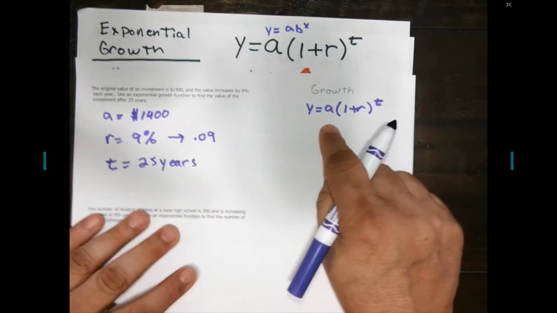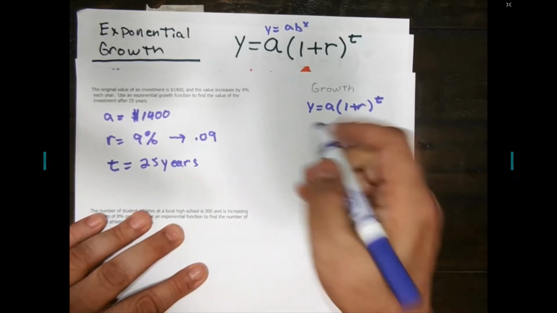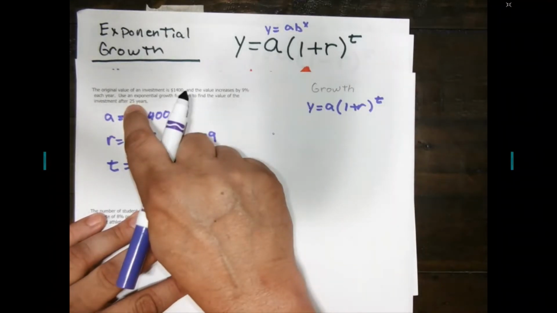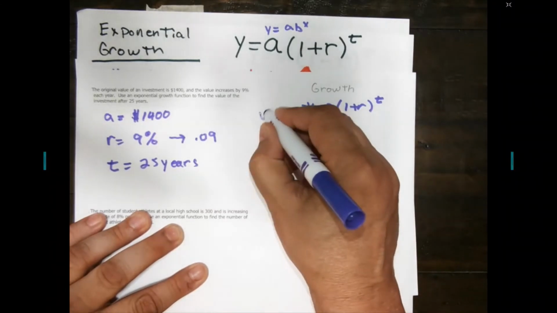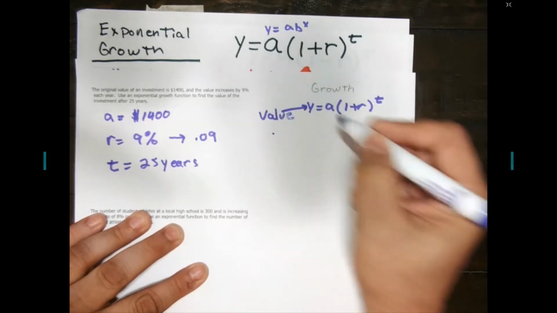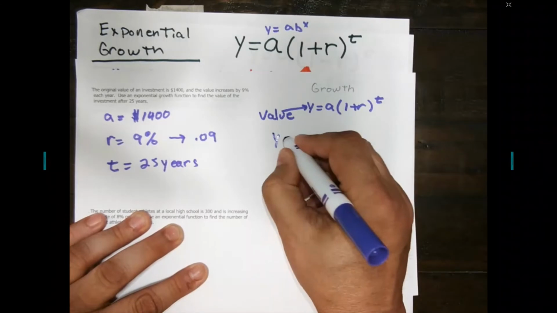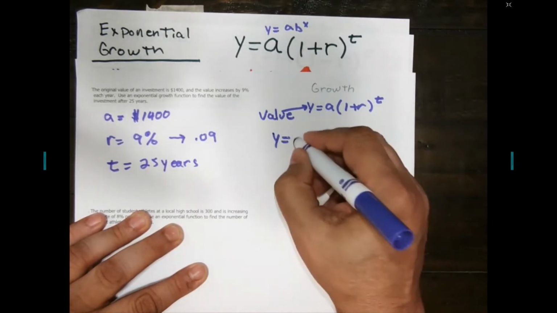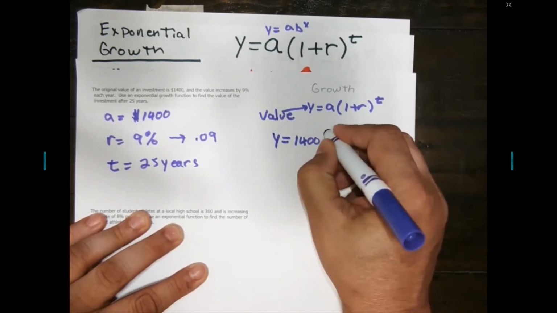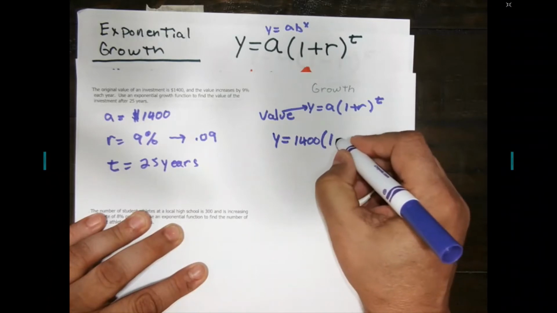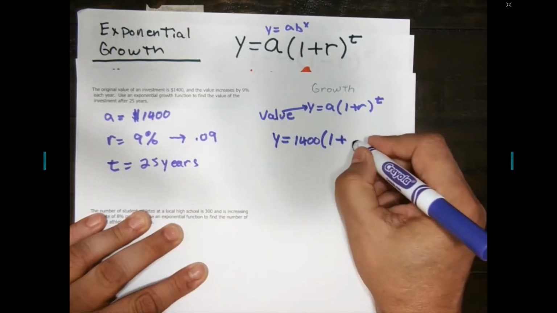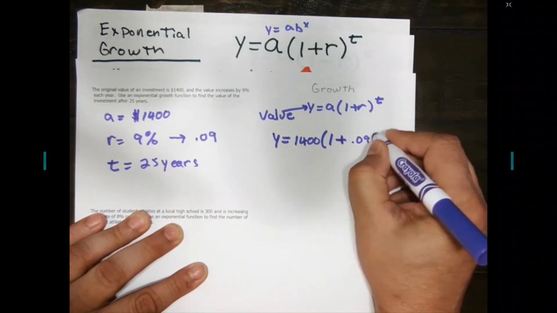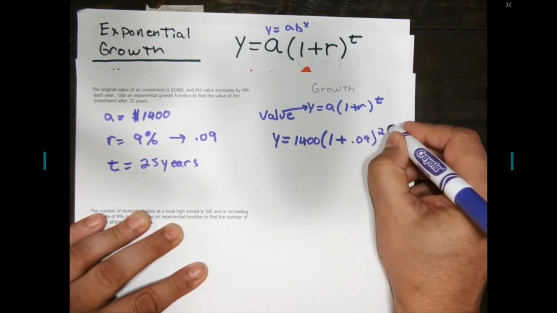And so I substitute these values into my equation. I need to find the value of my investment after 25 years. So y, my value, equals A of $1,400 times 1 plus, my r is 9%, so it's 0.09, to the 25 years. Okay.